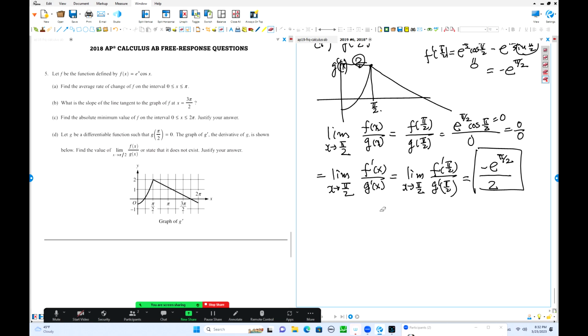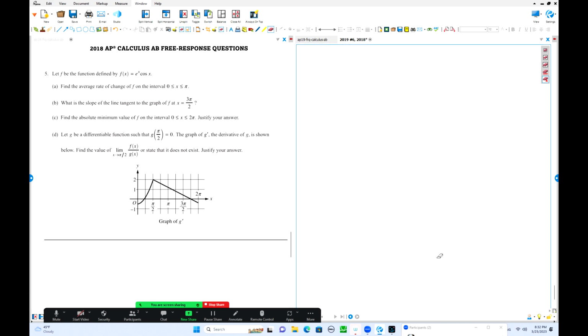Actually, C and D is a lot of work. But on these questions, I recommend to only try A and B. If you have enough time, try the next 2, okay? If you don't have time, we just try A and B, okay?